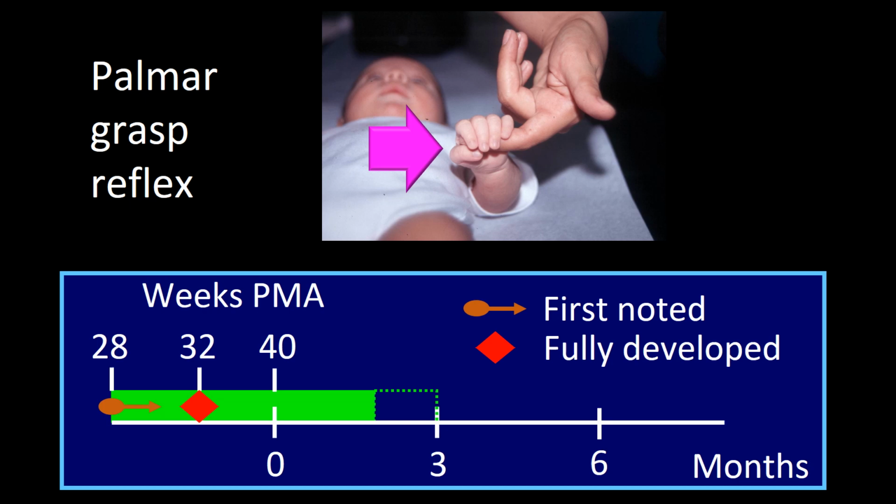The palmar grasp reflex is first noted at 28 weeks and fully developed at 32 weeks postmenstrual age. The palmar grasp reflex disappears by 2 to 3 months postnatal age, at about 48 to 52 weeks postmenstrual age.